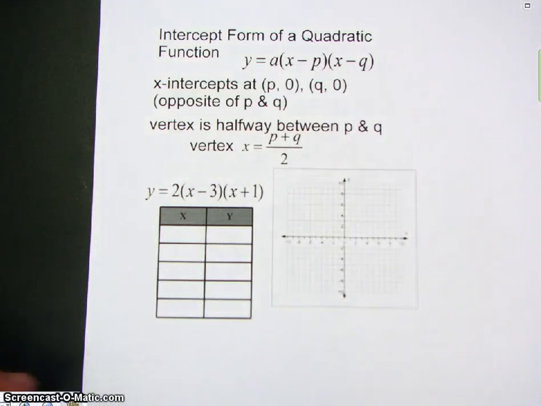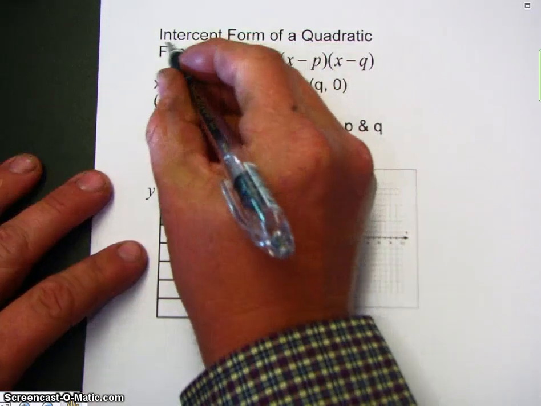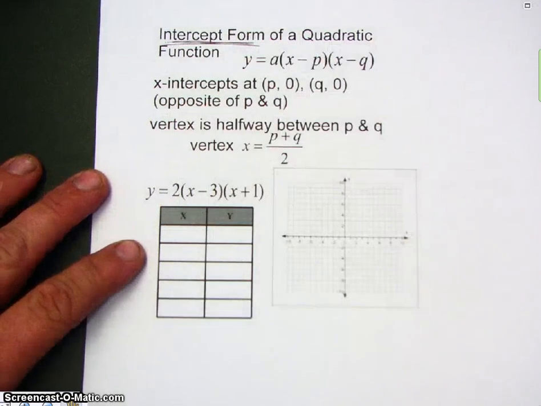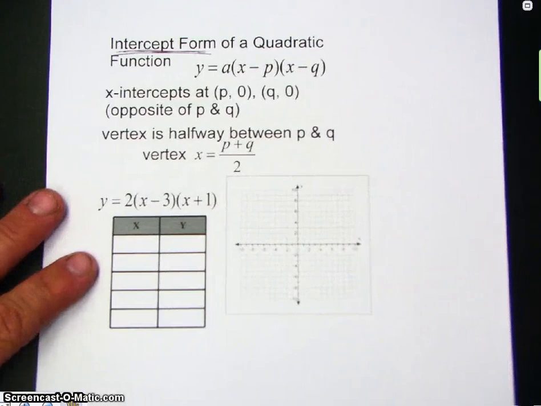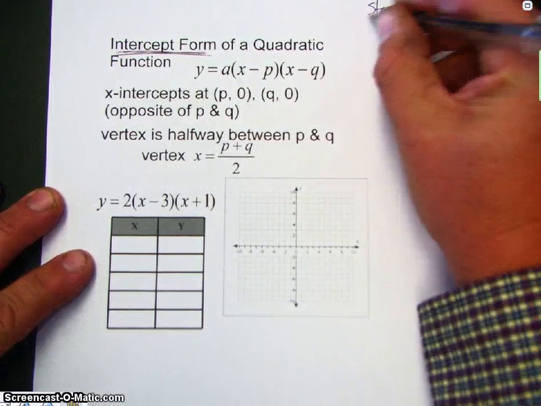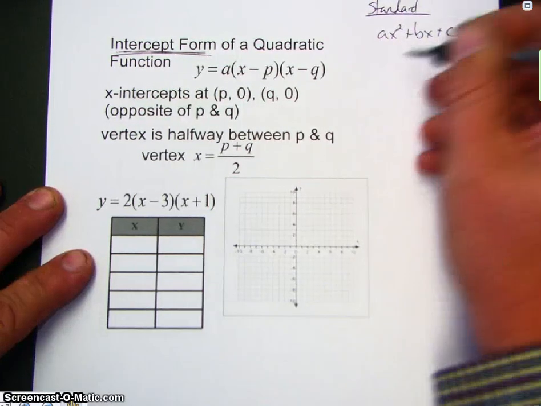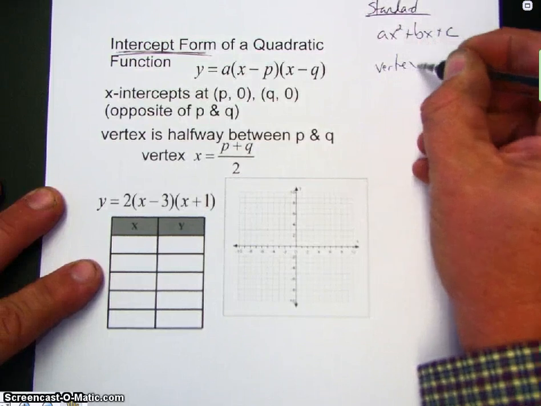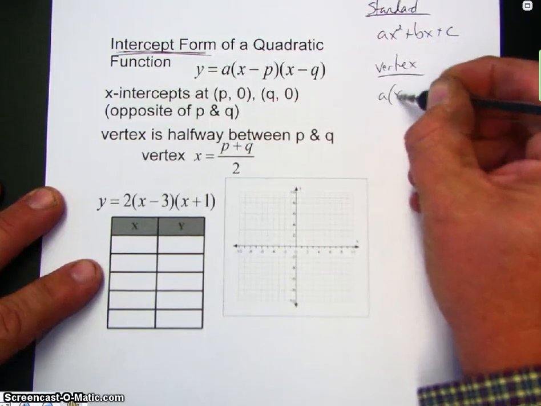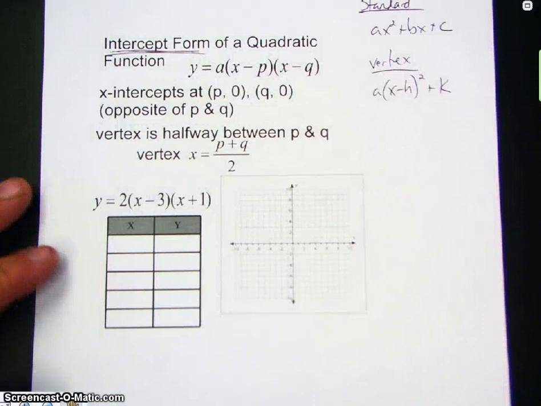Alright, in this video we're going to be learning how to graph quadratics that are in intercept form. We did standard form, which is ax squared plus bx plus c, and we did vertex form, which is a times x minus h quantity squared plus k.